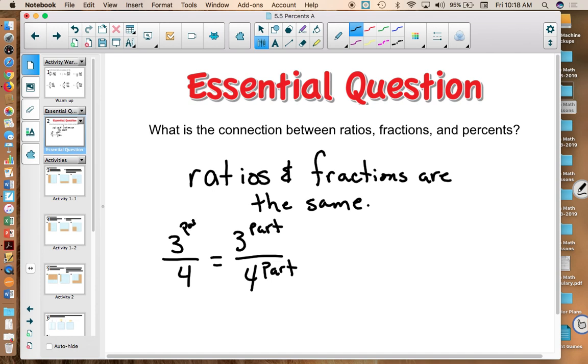These are parts, and these are parts. So this is kind of what we call the part to part. A fraction and a ratio both can be a part to part, a part to whole, or either one of those, right?